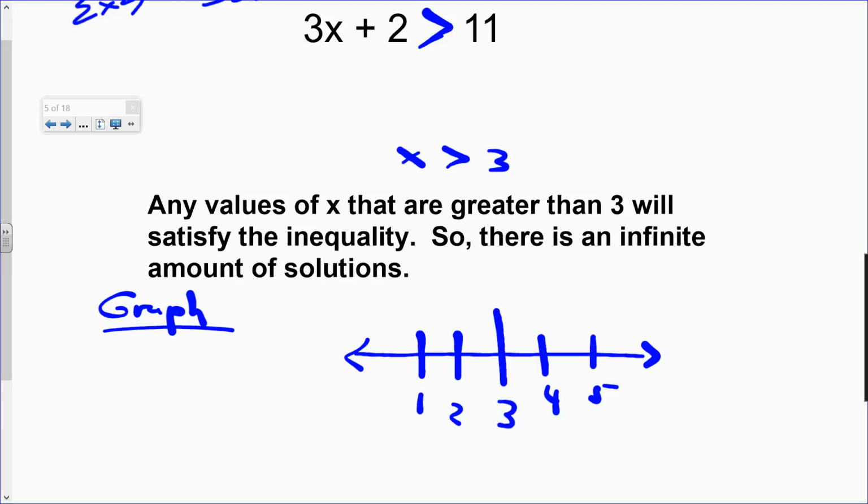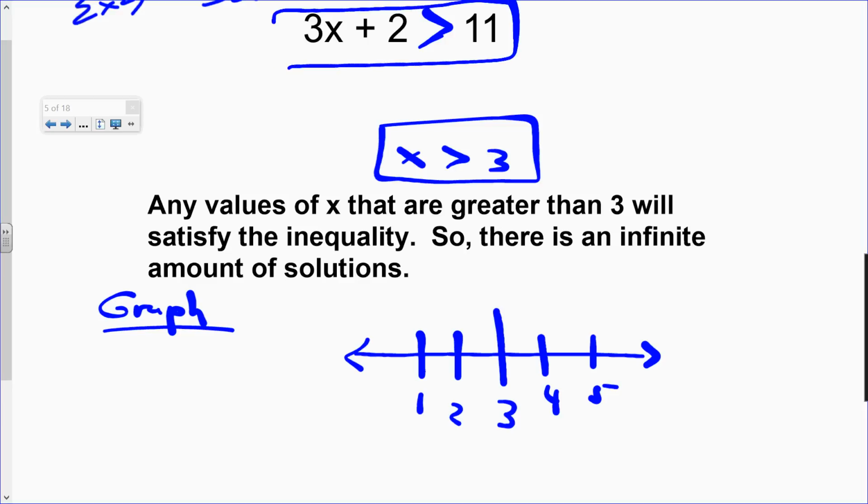So, let's graph x is greater than 3 on our number line. We're going to show all the possible solutions that will satisfy this inequality.